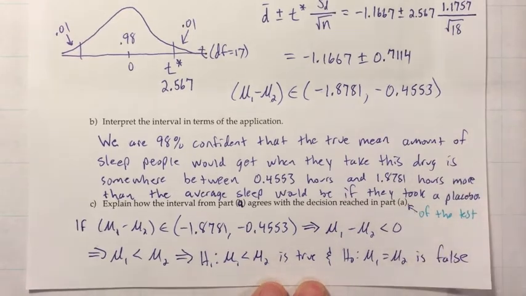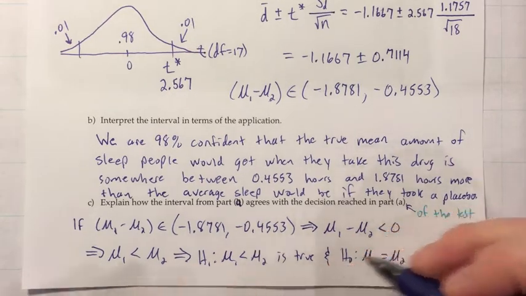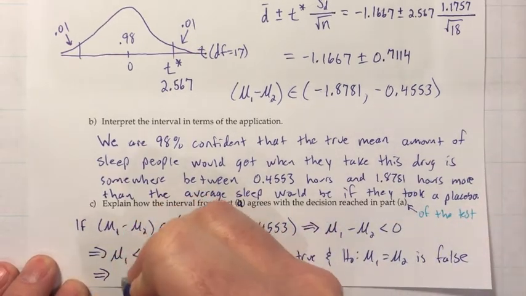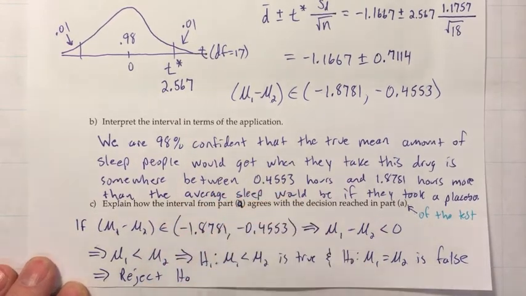And if we are confident, 98% confident in this, so at least 98% confident that H0 is false, what should we do with a false claim? What should we do with a claim we are confident is false? We should reject that claim. So I would reject H0.